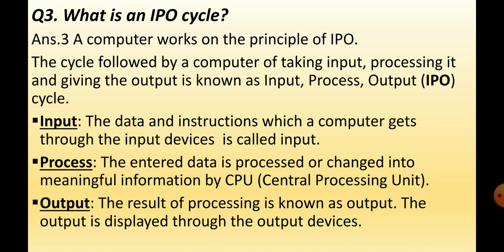These were the 3 questions which I had already explained during the slides. I have given it to you in written form as well, so you can copy them down in a rough copy. And this is it with this topic of input devices, output devices, and the IPO cycle. Thank you.